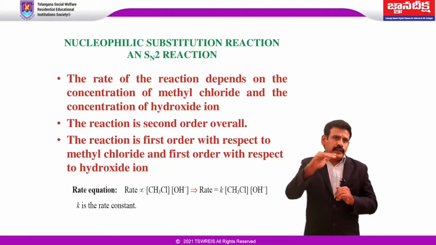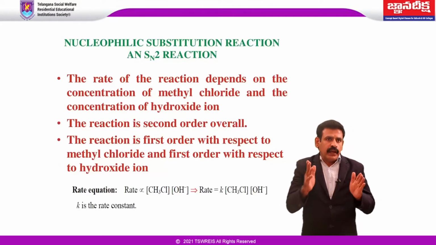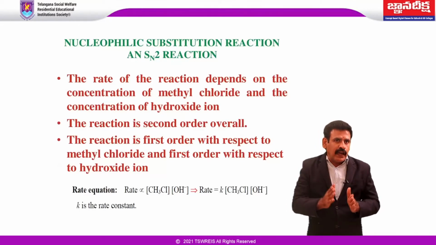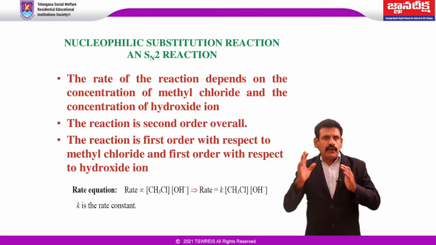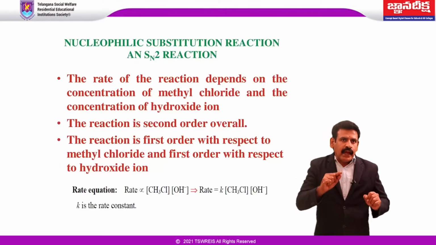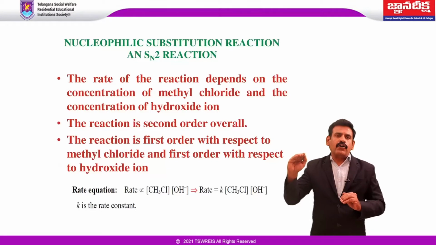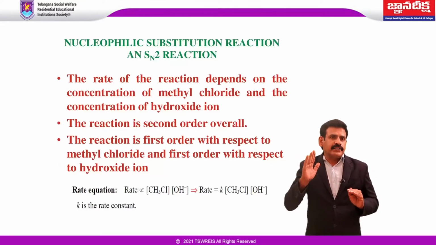The rate is directly proportional to the concentration of methyl chloride and the concentration of hydroxide ion. Then rate = k [CH3Cl][OH-], where k is the rate constant.